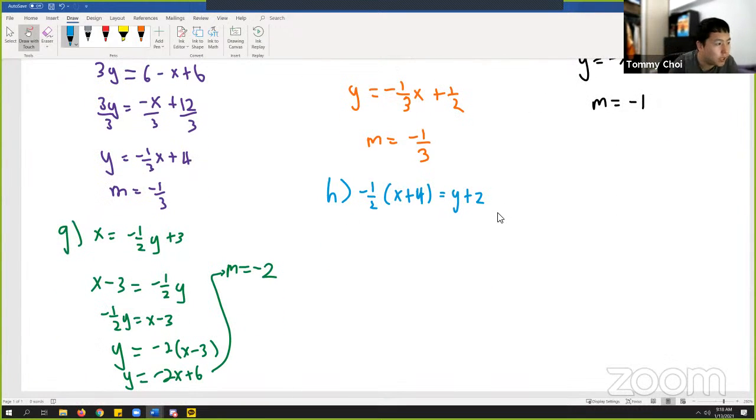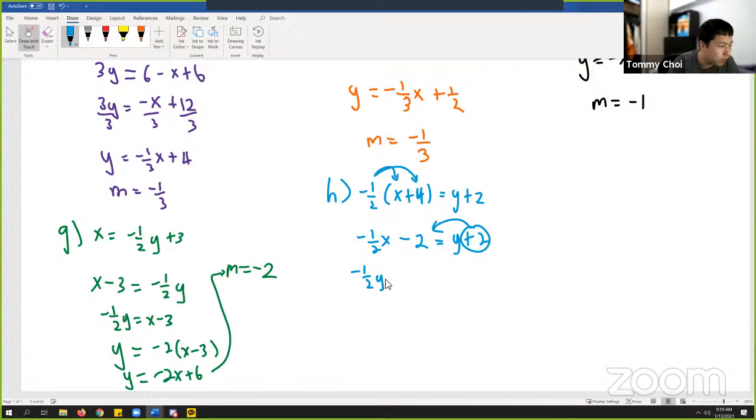We're going to multiply it out first. And so negative 1/2 times x is negative 1/2 x. Negative 1/2 times 4 is negative 2, because 4 divided by 2 is 2. Then on the right side, we're left with y plus 2. Your choice, once again, if you want to flip it. I'm not going to flip it for this one. I'm going to move the plus 2 to the other side, because we want y alone.